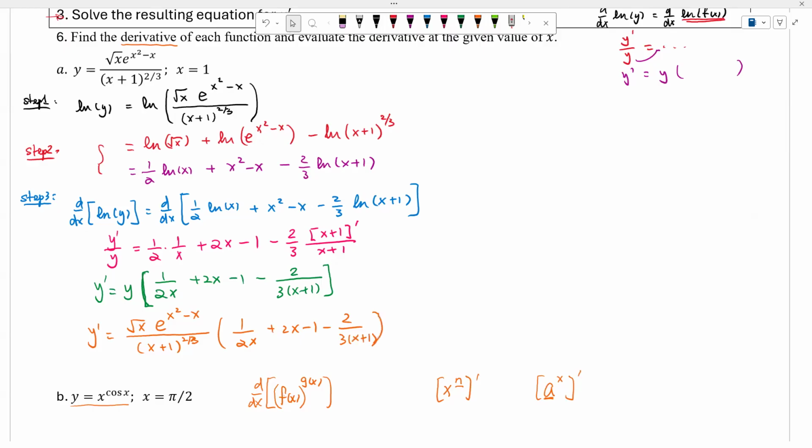So this is the derivative that I have. Now what I need to do is evaluate the y prime at x equal to 1.